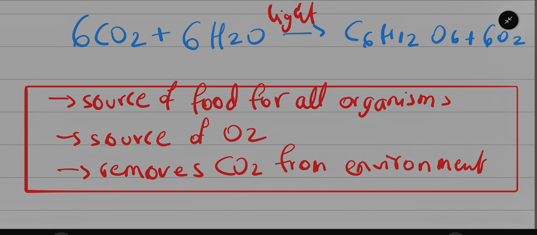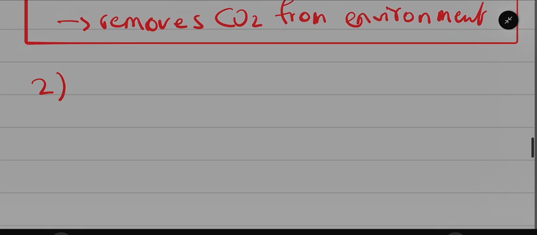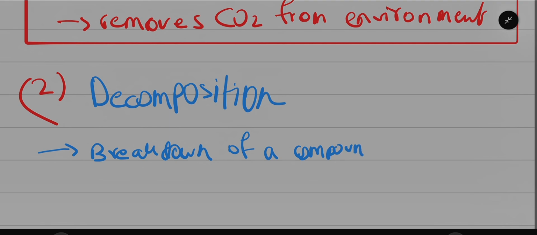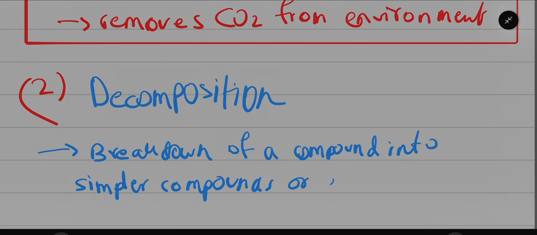Okay, that's clear. Now, the second example that we have is decomposition. What is decomposition? It is the breakdown of a compound into simpler compounds or elements.